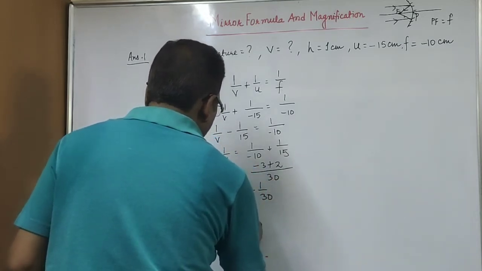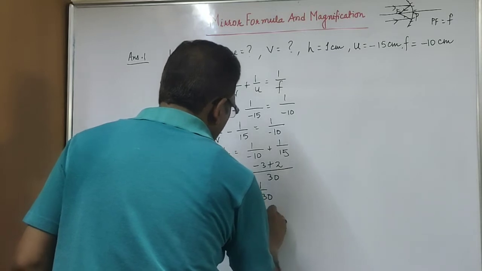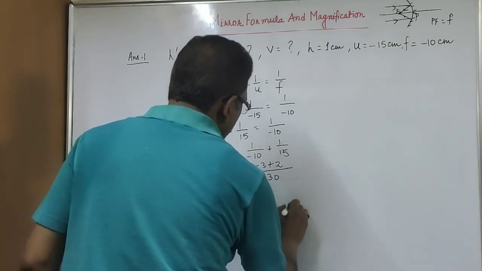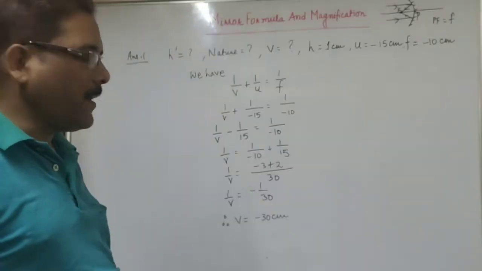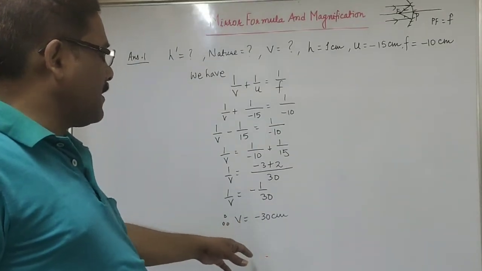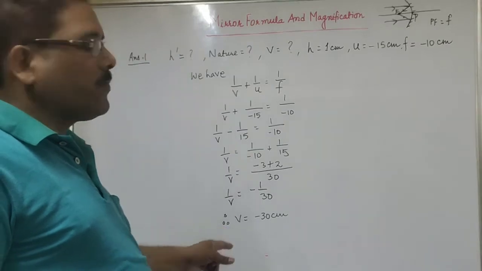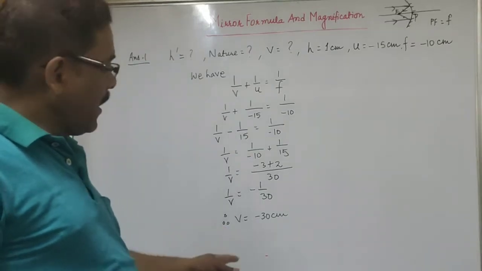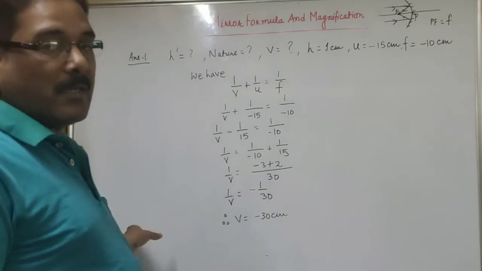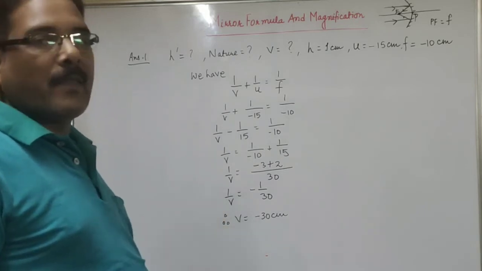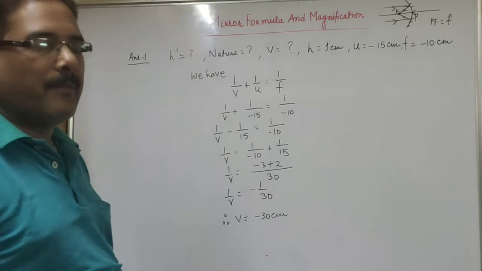Therefore, v is equal to minus 30 centimeter. It means your image will be located 30 centimeter away from the pole, and the minus sign indicates that it is towards the left of the pole. That is the position of the image.